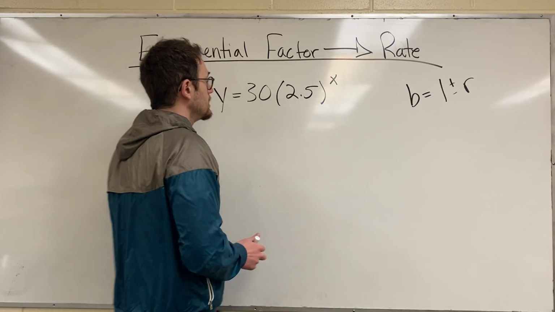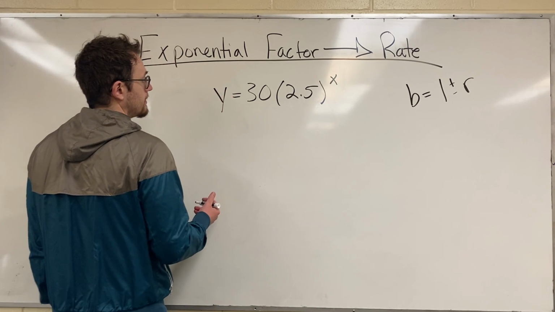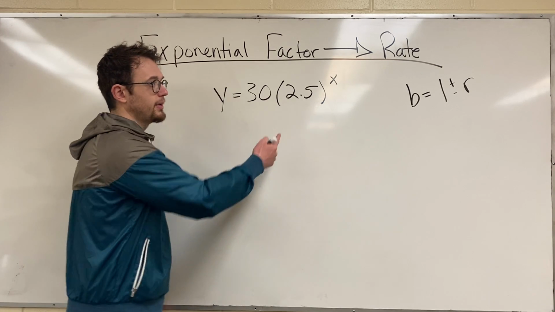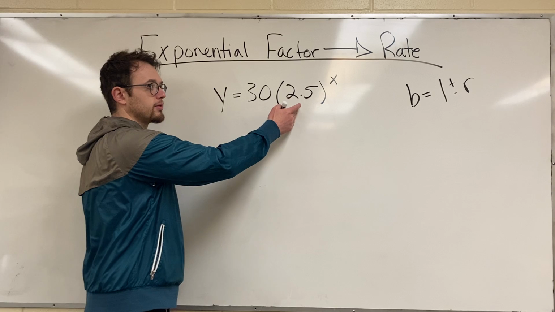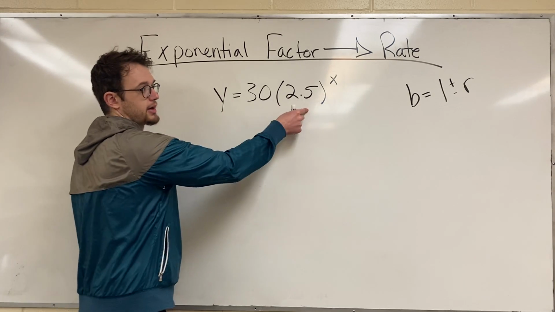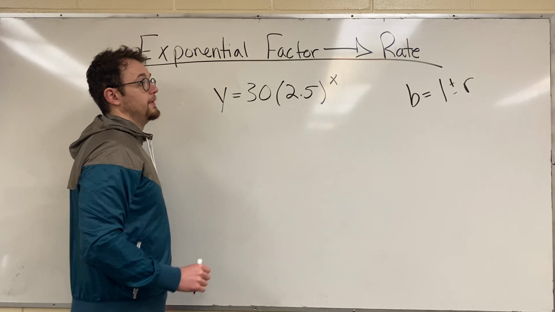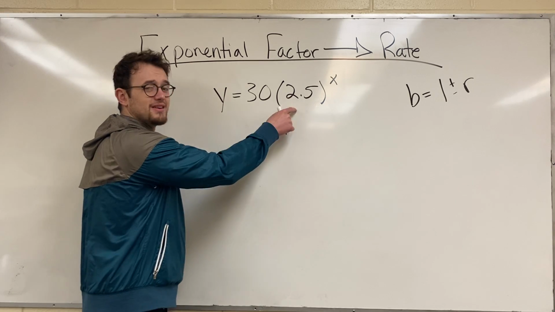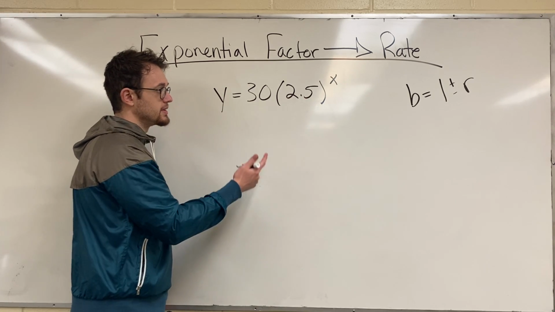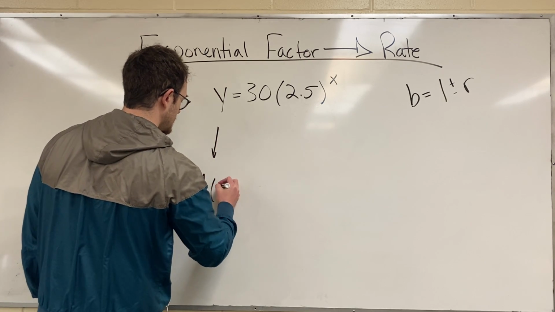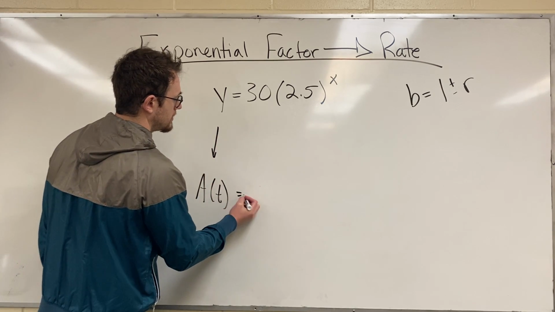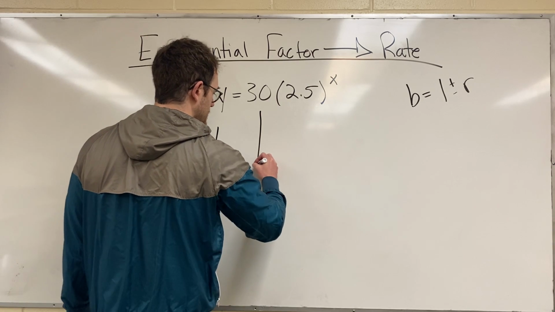All right. So the issue with this is that's not the rate. This is in the first form that we started with. This is the growth factor. And hopefully you realize this growth factor is bigger than 1, so it's growing. So this is a factor, it's not a rate. So I need to change this. So that becomes A of T. That's the initial, that's still going to be the initial.